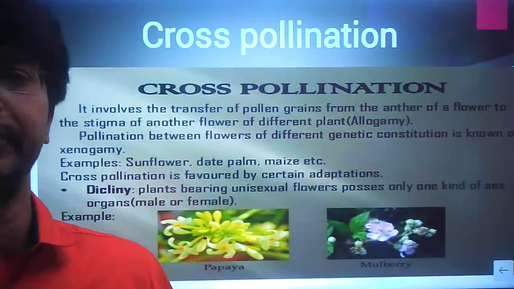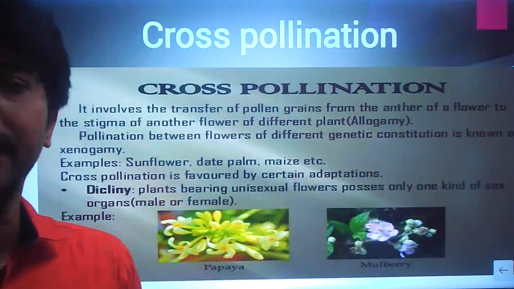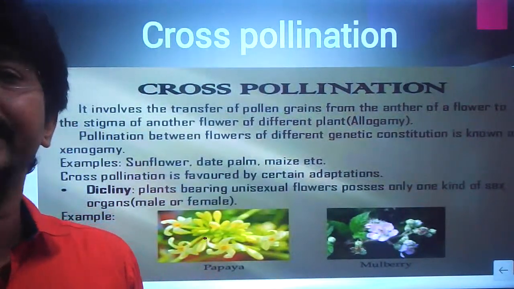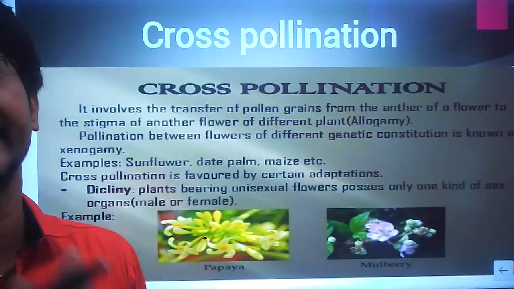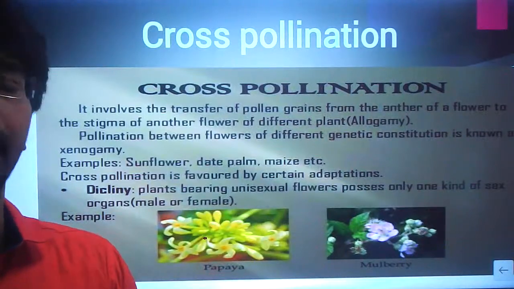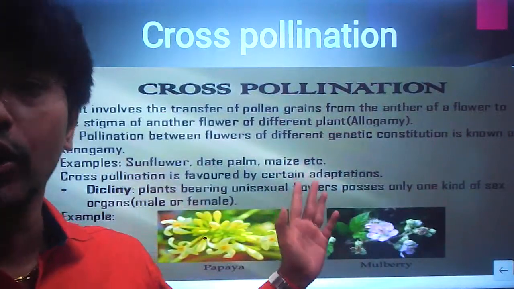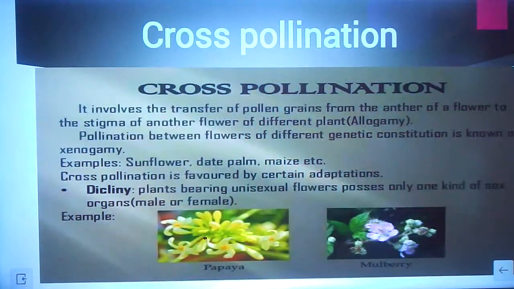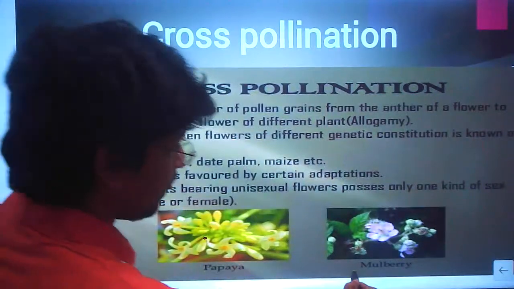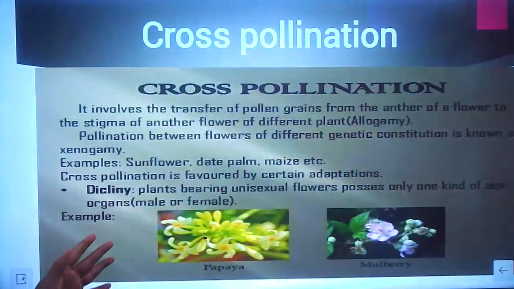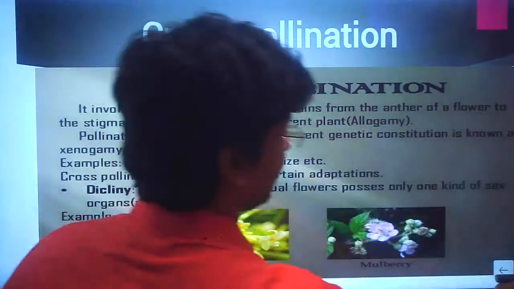There's no meeting point of this male and female. Definitely for this type of plant or flower, an external agency like insects or water or some other biotic components is required to accomplish cross-pollination. For example, you take papaya, mulberry. These are the examples you could see in case of cross-pollination.